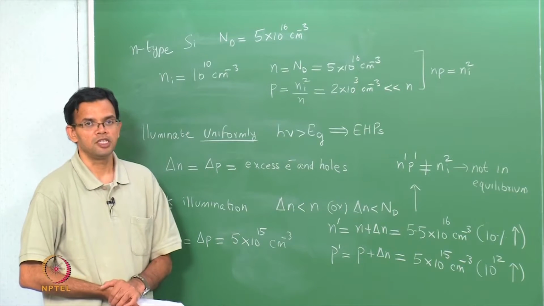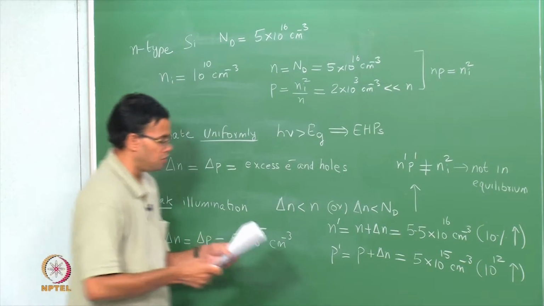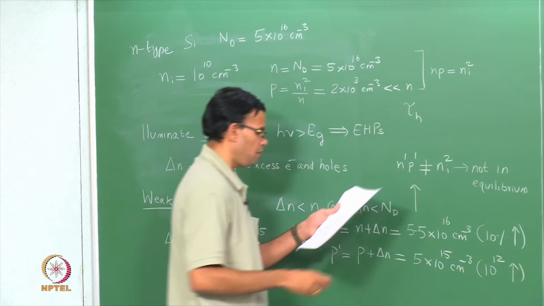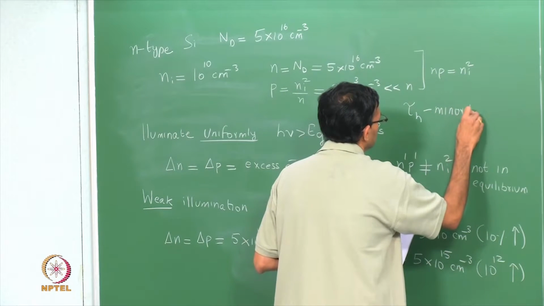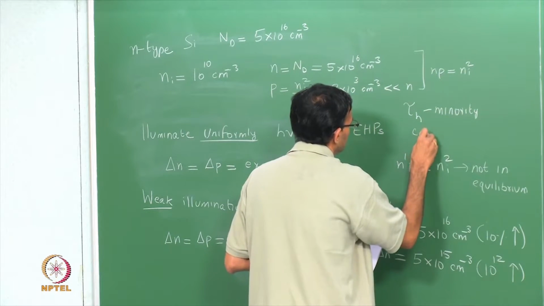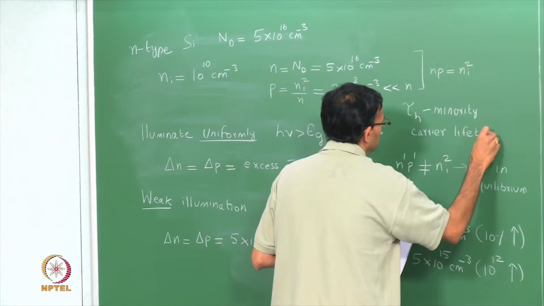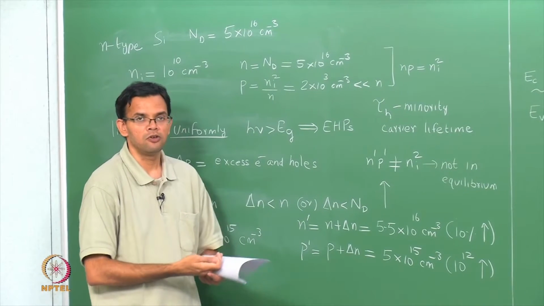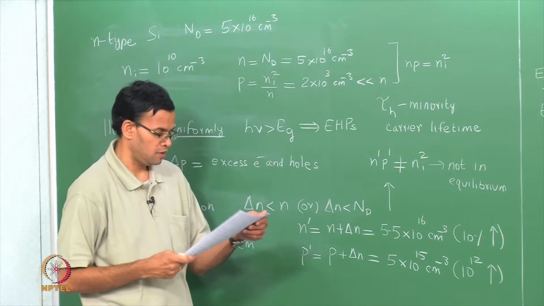So, this recombination is driven by the lifetime of the holes, a quantity which we call tau h, the minority carrier lifetime. So, tau h determines how long it takes for the electrons and holes to recombine, so that we go back to the equilibrium situation.